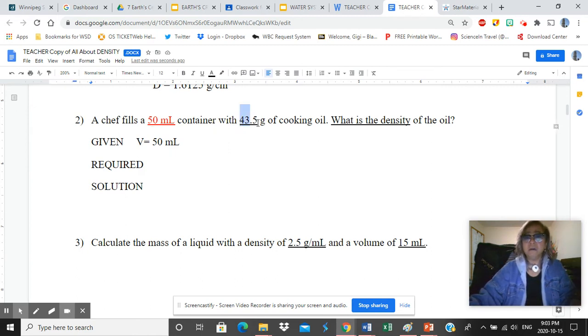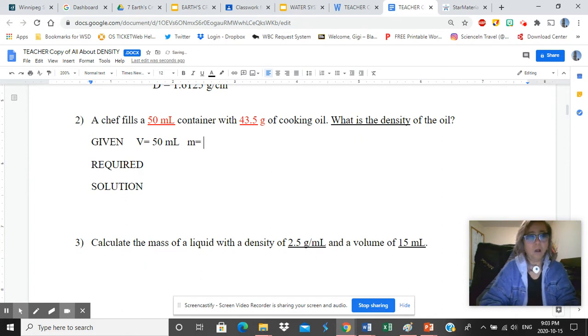Now there's another number here, right? So let me just put in another color here so that the brain kind of remembers the unit, right? So grams, what is grams? Grams is a unit of, what do you think? So that's M, or mass.